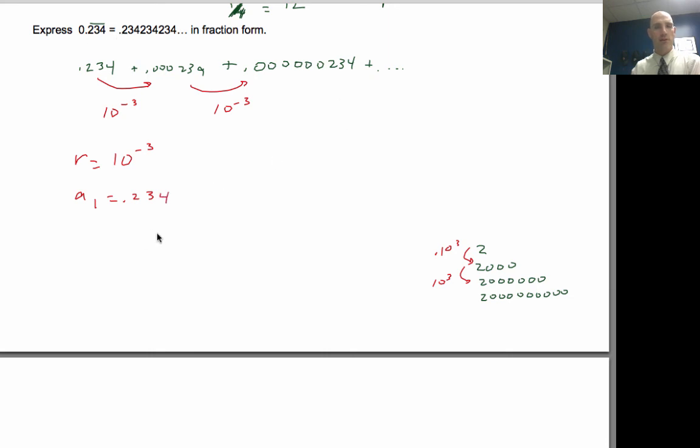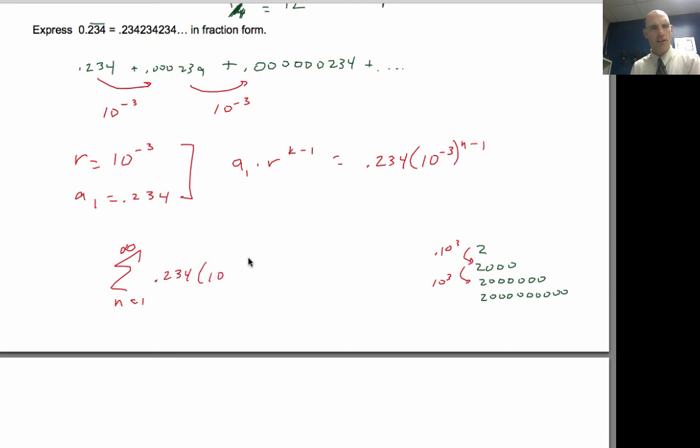So really what I'm dealing with is an infinite series from n equals 1 to infinity. And I define, so these would go together, A sub 1 times R to the k minus 1, or the n minus 1, however you want to slice it. So that's my 0.234 times 10 to the negative third to the n minus 1.